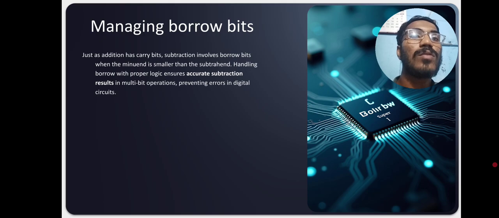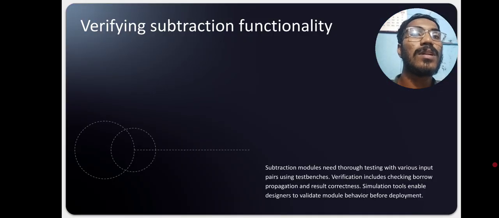Handling borrow with proper logic ensures accurate subtraction results in multi-bit operations, preventing errors in digital circuits. That means when we are doing subtraction in Verilog code, we have to borrow the number from the other bit. This gives the accurate result.